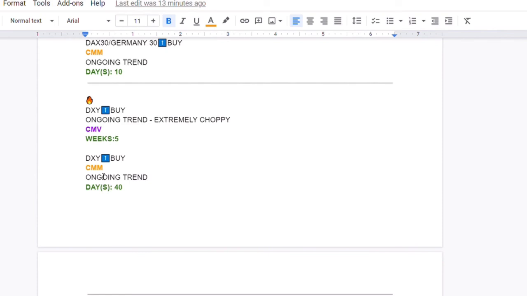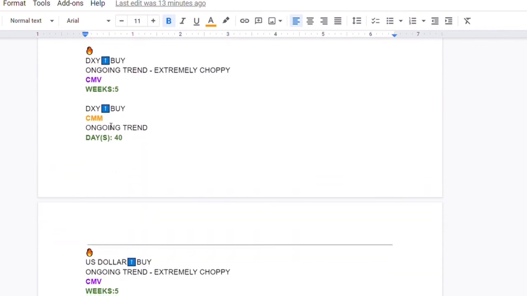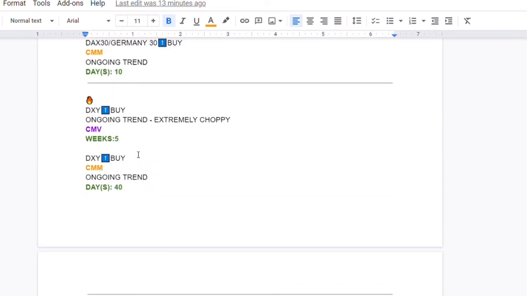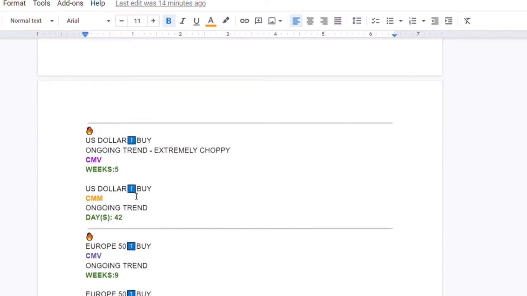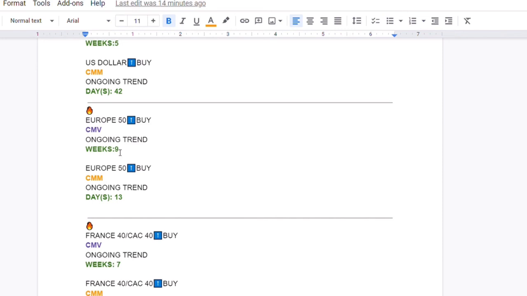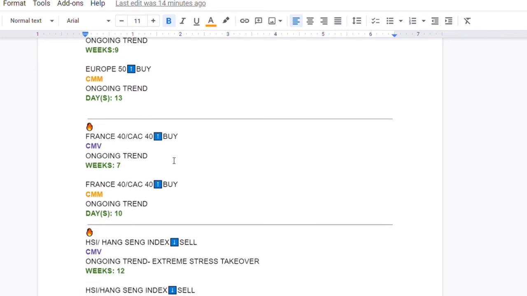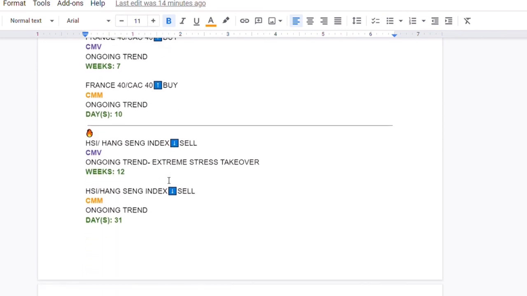All right, so we have the dollar index. We have two versions of the dollar index here. We have the DXY as well as the US dollar index. They're slightly different in their calculations, but for the most part, they report pretty much the same. We have the Europe 50, France 40, the Hang Seng index, which is the Asian market index here.